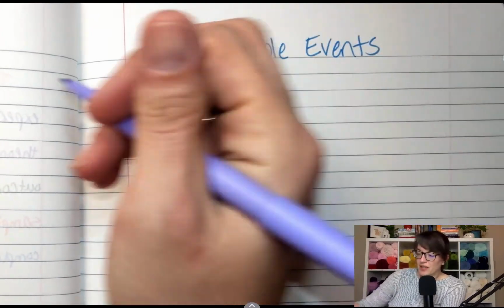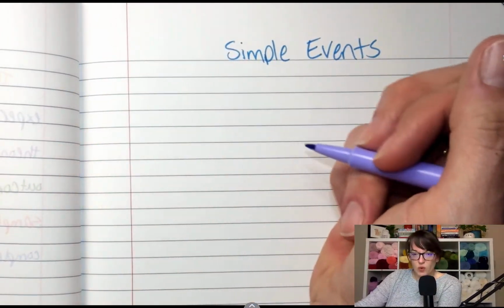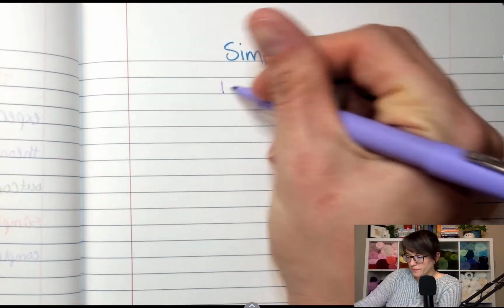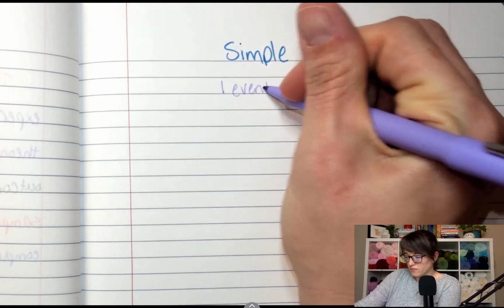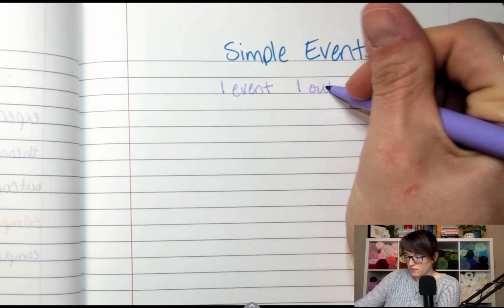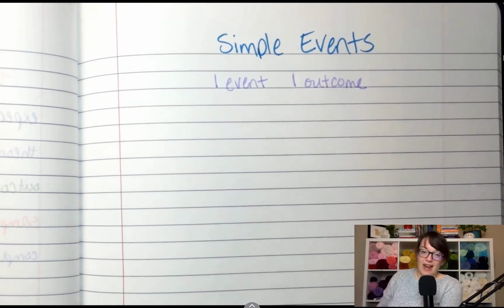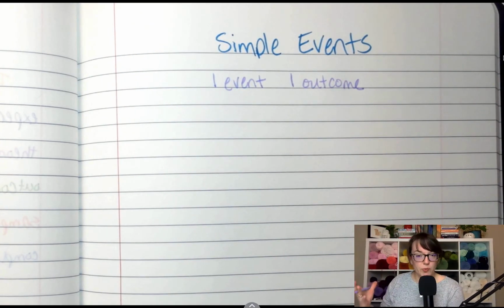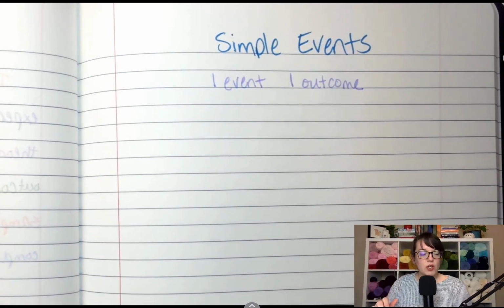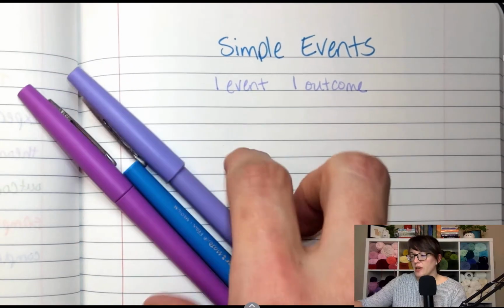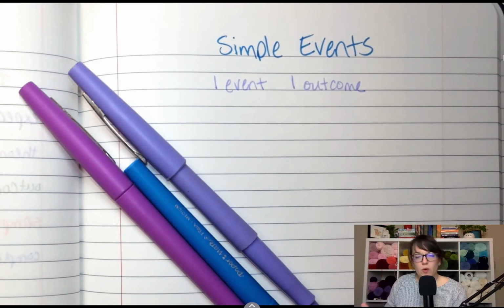So, a simple event is one event with one outcome. Now, that outcome might be multiple things, but I'm only going to do it once. Like, I'm going to reach into my bucket of markers, and I've got purples and blues, but I would be happy with a yellow or an orange.